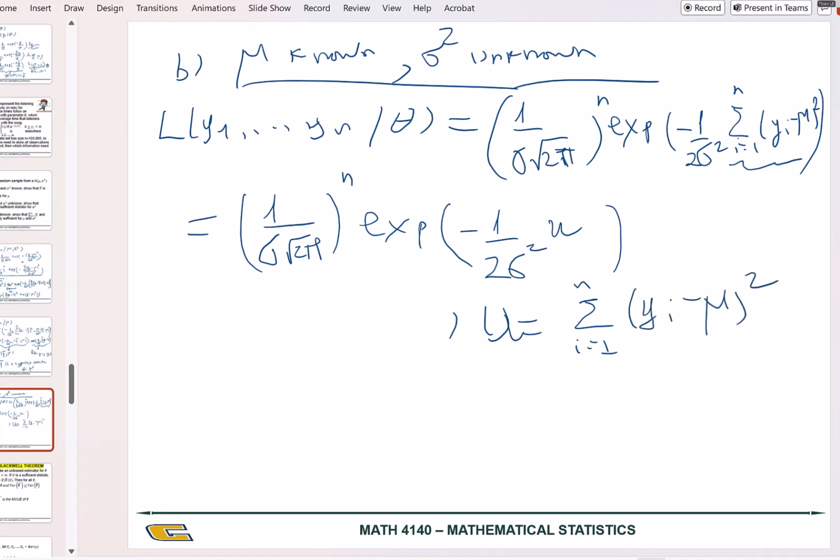Because in this case mu is known already, this is your g of u, sigma, and h doesn't depend on sigma square.